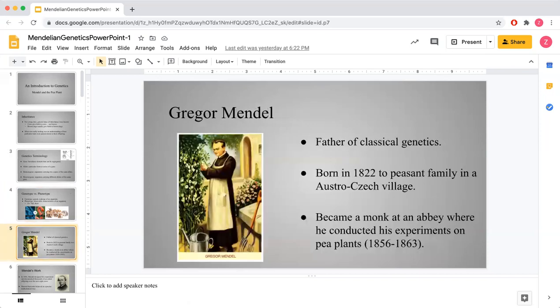Now, moving on to Gregor Mendel, the star of our lesson. He was the father of classical genetics. He was born into a peasant family in 1822, quite a long time ago, in an Austro-Czech village. He went on to become a monk, a religious figure at an abbey, where he conducted his inheritance and genetics experiments on pea plants from 1856 to 1863.